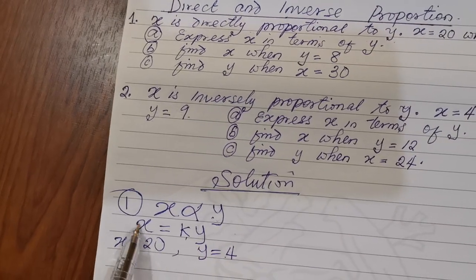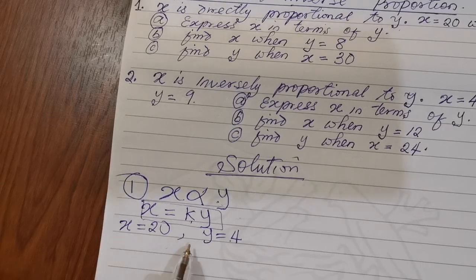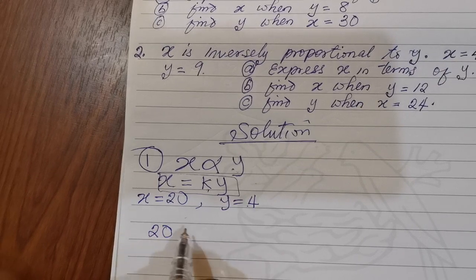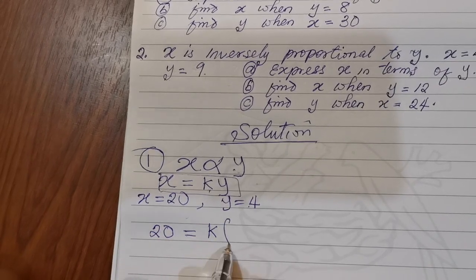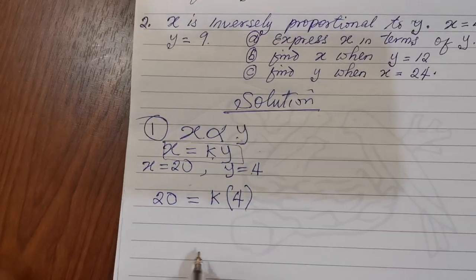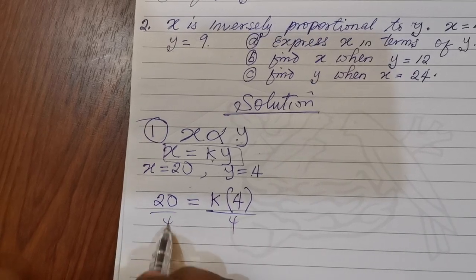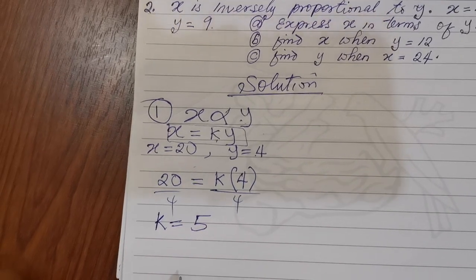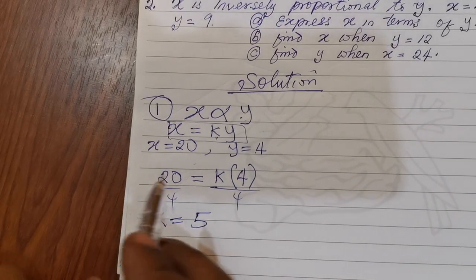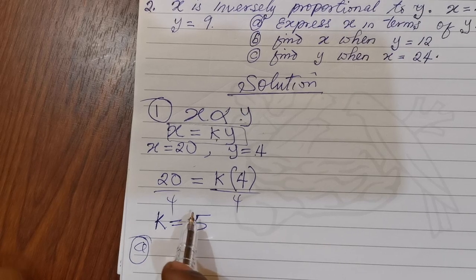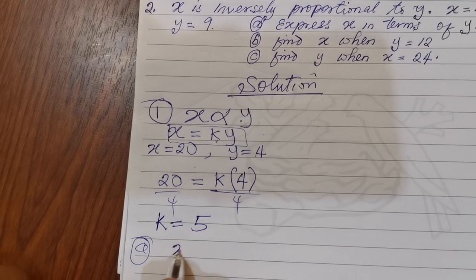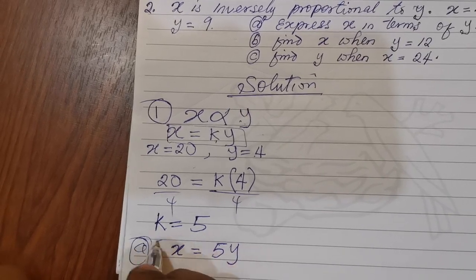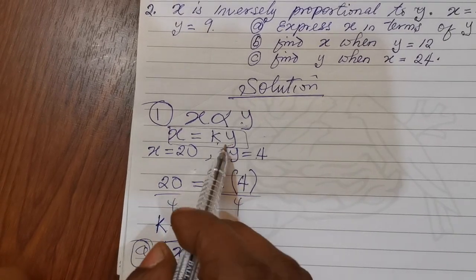I will substitute that in to find k. So 20 is equal to k times 4. If I divide both sides by 4, my k is equal to 5. The first part says express x in terms of y, so x is equal to 5y, because my k is 5.